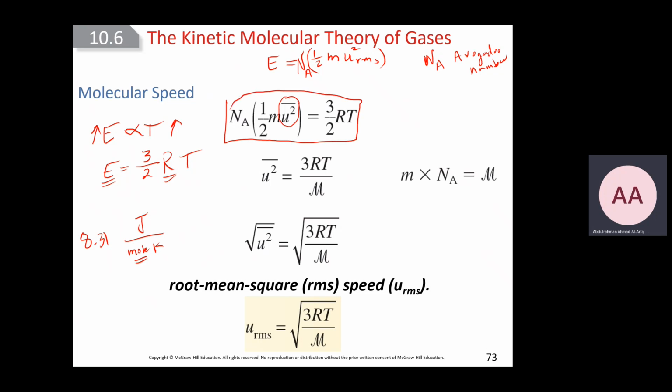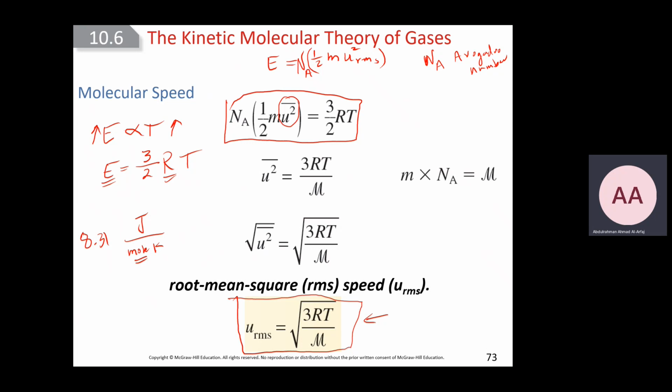And from this, if we derive, we can calculate the speed of the gas using this equation. I want you to memorize this equation very well. The speed of any gas is equal to the square root of 3RT over M. The 3 is constant.